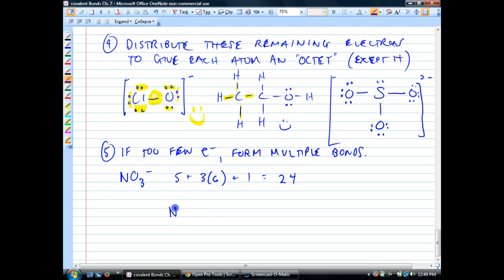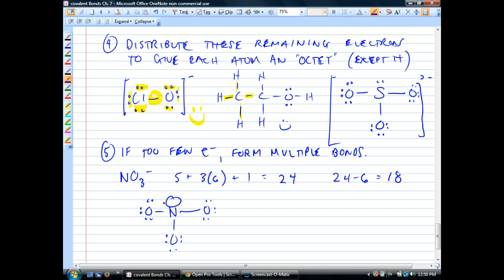The next step is to draw my skeleton structure. Now I'm going to take 24 minus 6. This is the next step, and that leaves me with 18. So why did I say 24 minus 6? 3 bonds, right? 3 bonds and 2 electrons in each. So I've got 18, but what happens when I try to fill everybody up? Well, I can take care of the oxygens, but I can't take care of nitrogen.